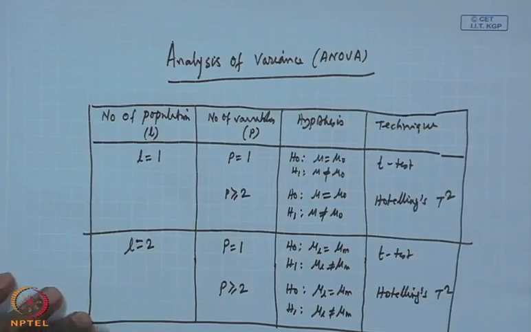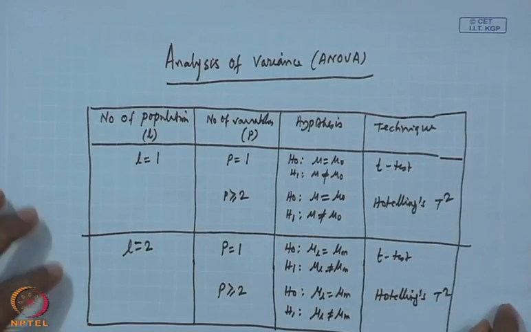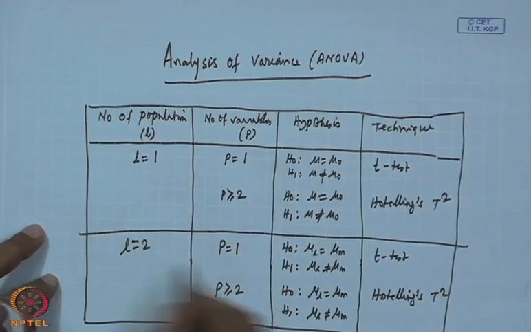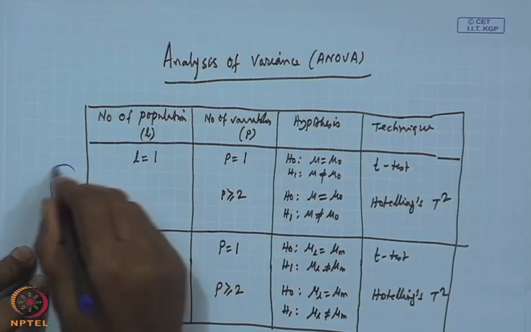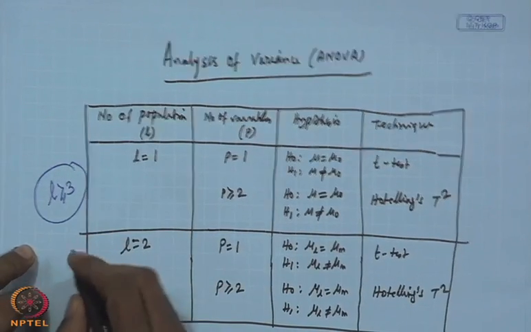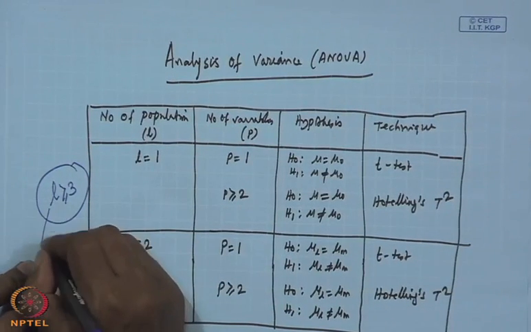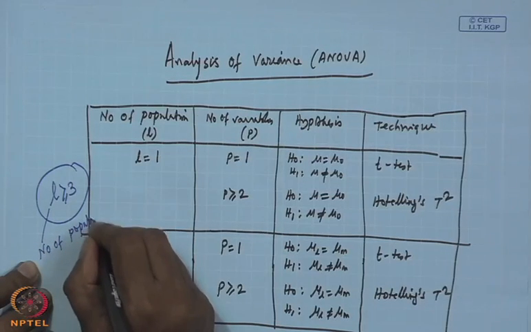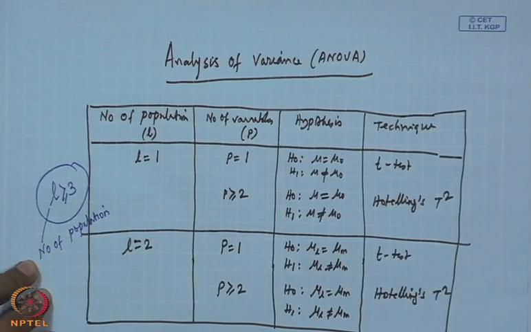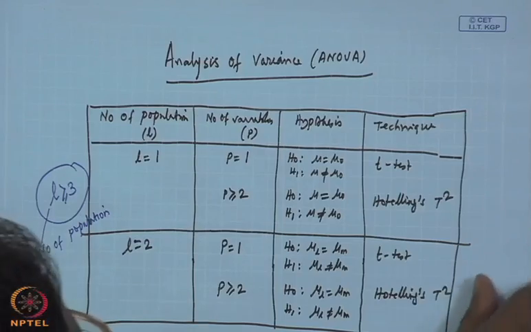What will happen when L is 3 or more? So our discussion today is for the case L greater than or equal to 3, where L stands for the number of populations.